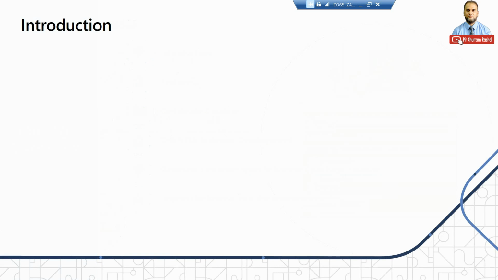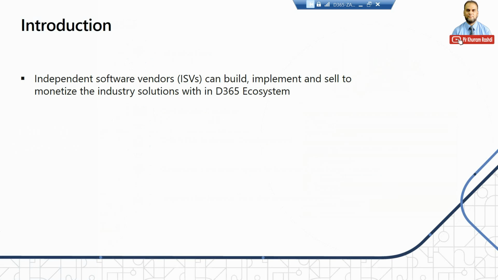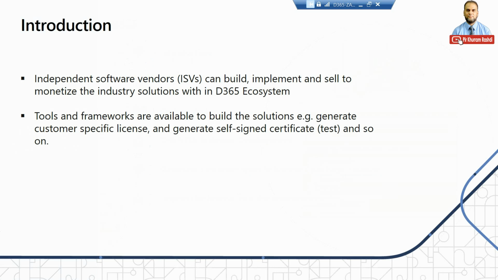So to start with the introduction: independent software vendors, who are they? They are entities who develop different solutions. They build, implement, and sell to monetize the industry solution within the D365 ecosystem. There are various tools and frameworks available to build the solution.